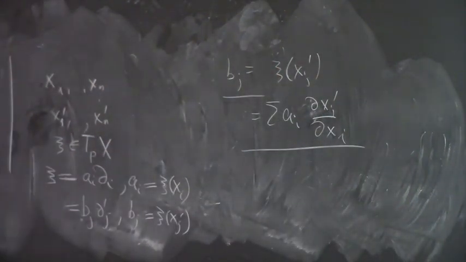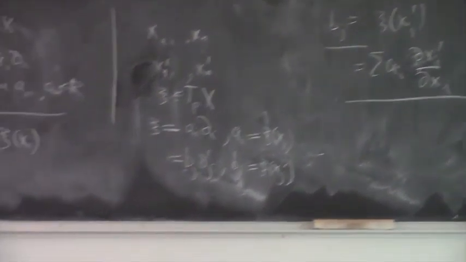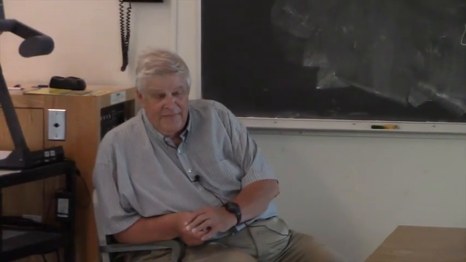Here we clearly see the matrix of transition from the basis di to the basis dj prime. And this matrix is well known to you. It is also called the Jacobian matrix of transition from one coordinate system to another coordinate system.